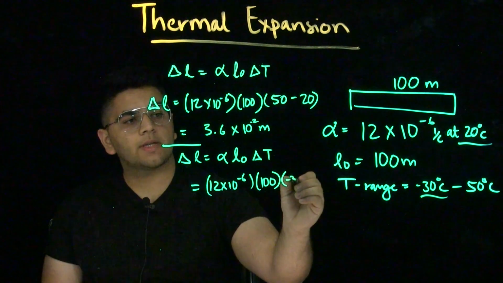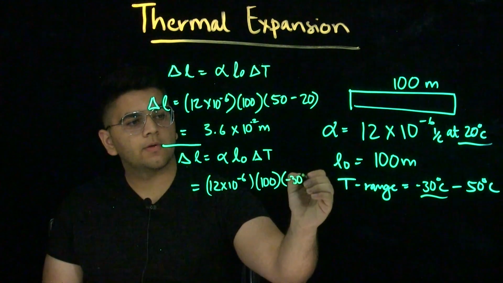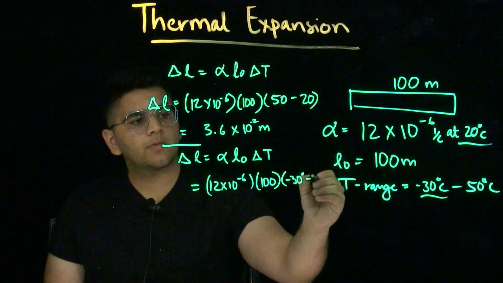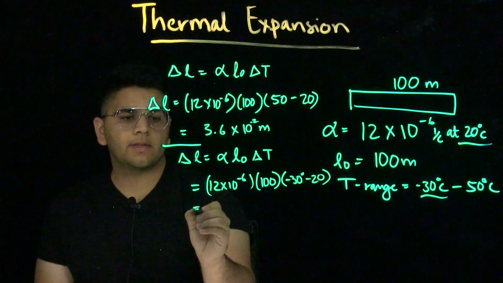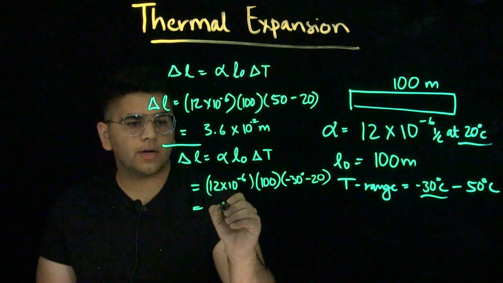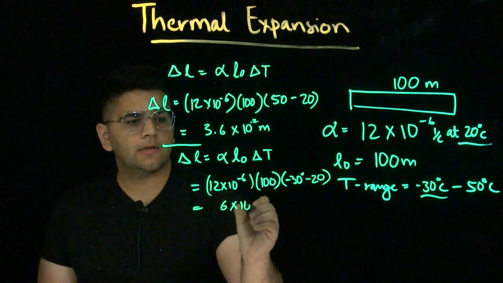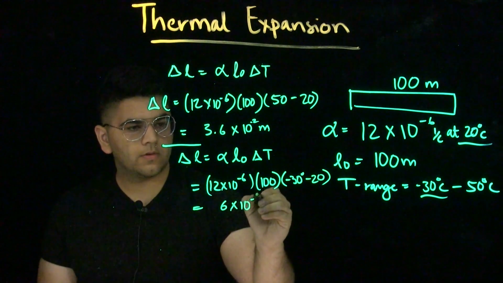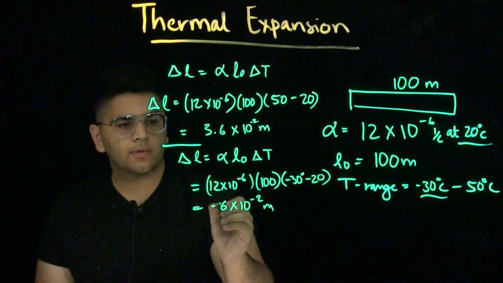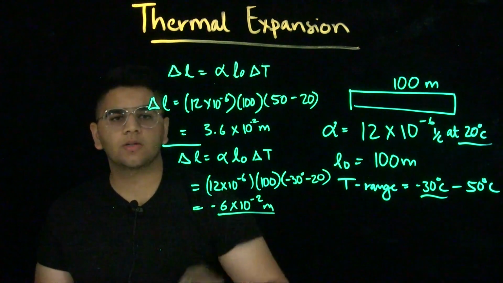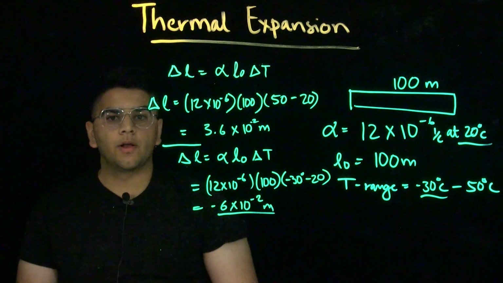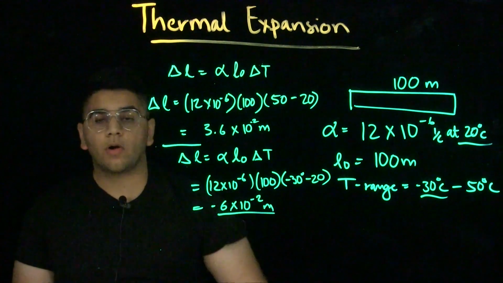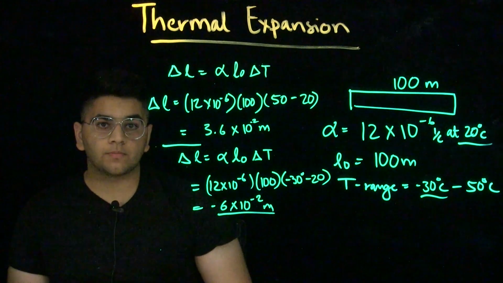So the final temperature is negative 30 degrees from an initial temperature of 20 degrees. So we get that the steel can contract by 6 times 10 to the negative 2 meters. And we denote the contraction by negative 6. So this can be the overall change in the length of the steel.